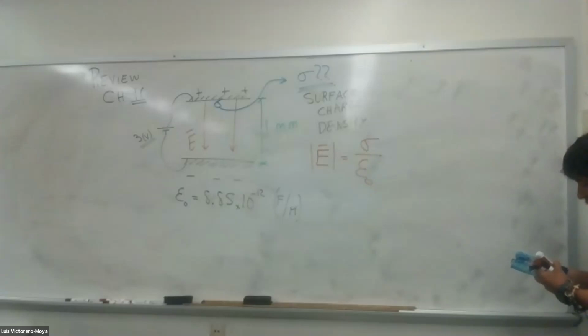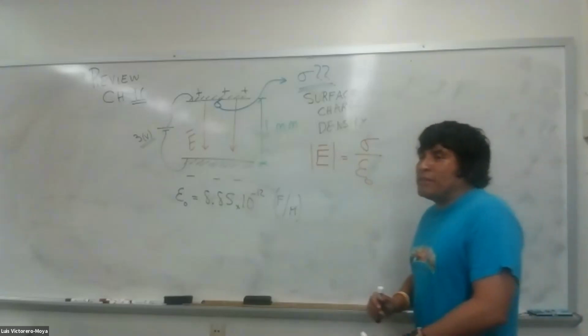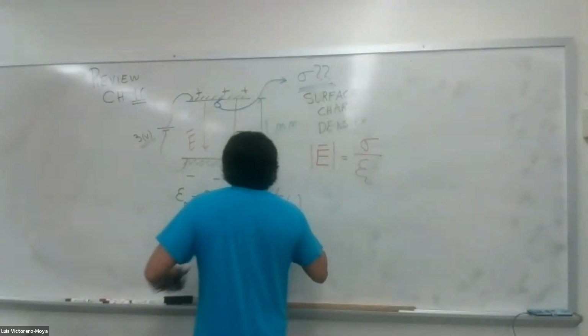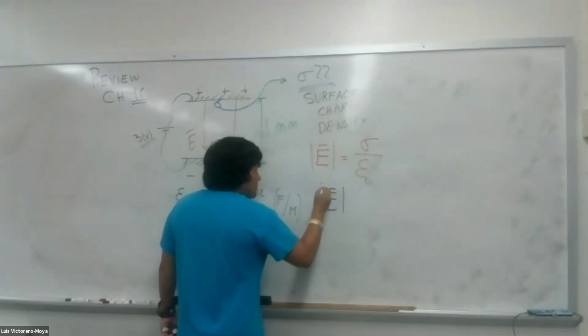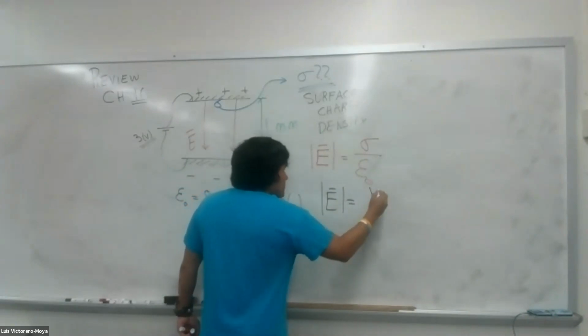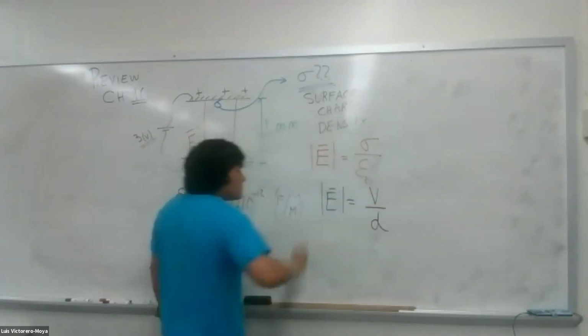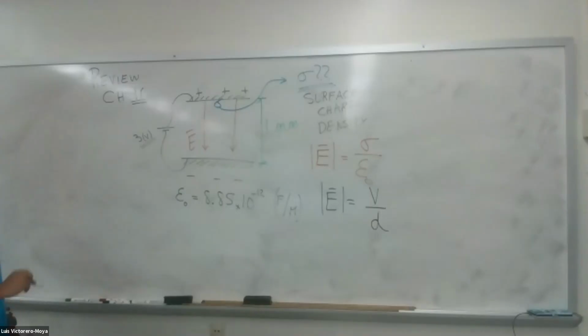If the voltage is 3 and the distance between the plates is 1 millimeter. Right? Voltage over distance inside the capacitor gives you the magnitude of the electric field.